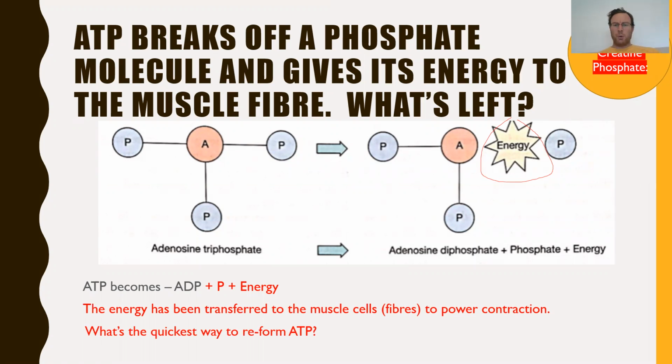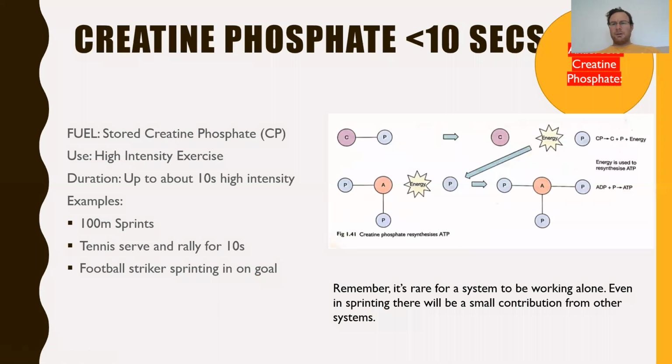So the question is, what's the quickest way to reform ATP? If we're left with adenosine diphosphate, those two phosphates, what's the quickest way to make that ATP again? The quickest way is actually to just add a new phosphate.